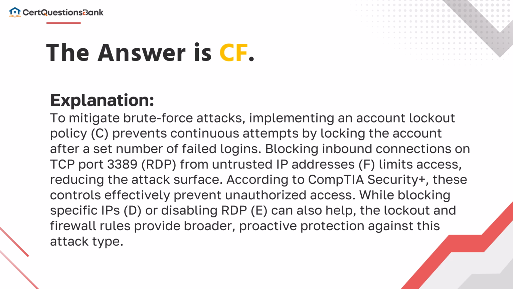According to CompTIA Security+, these controls effectively prevent unauthorized access. While blocking specific IPs, D, or disabling RDP, E, can also help, the lockout and firewall rules provide broader, proactive protection against this attack type.